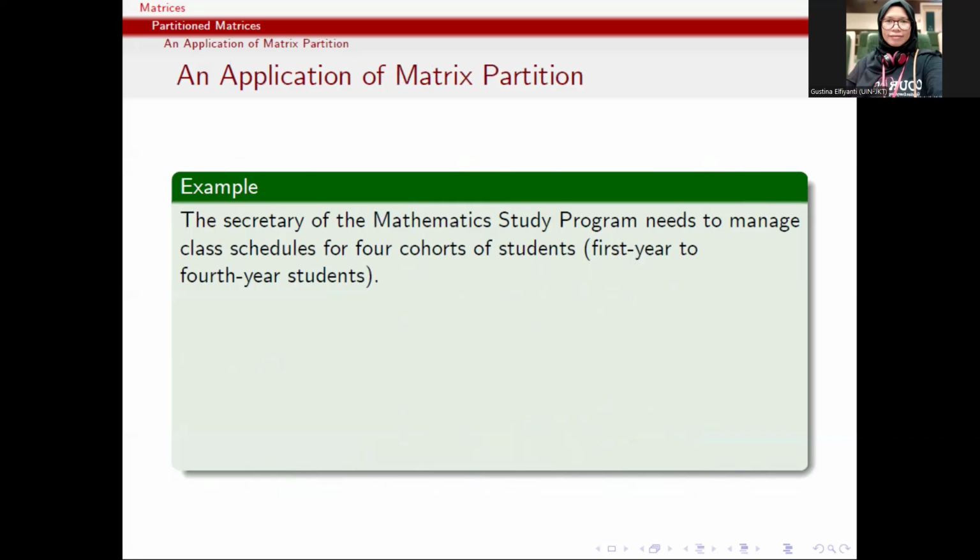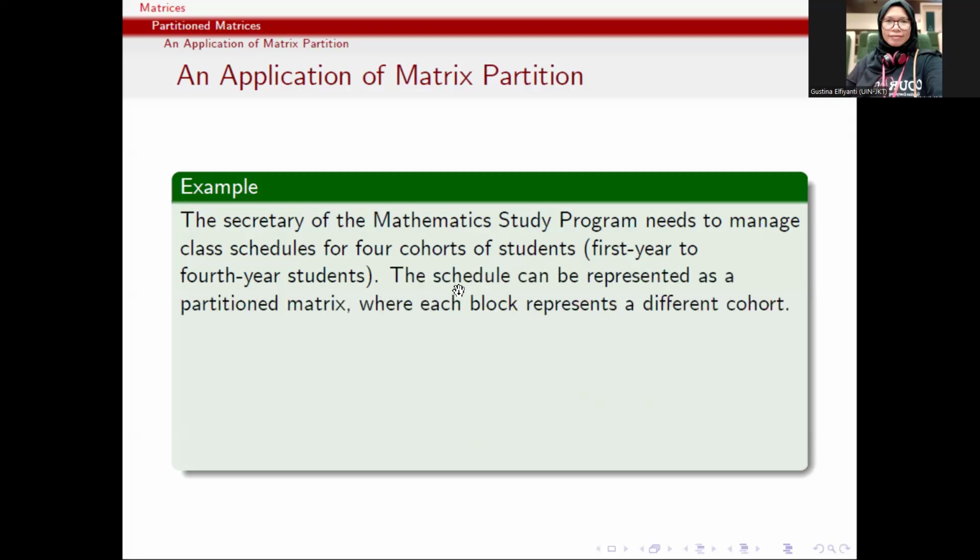One example of application of matrix partitions here is in scheduling a class. Let's say the secretary of the mathematics study program needs to manage class schedules for 4 cohorts of students, let's say first year to fourth year students. The schedule can be represented as a partition matrix where each block represents a different cohort.